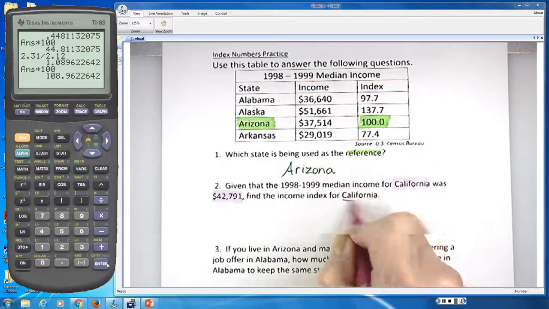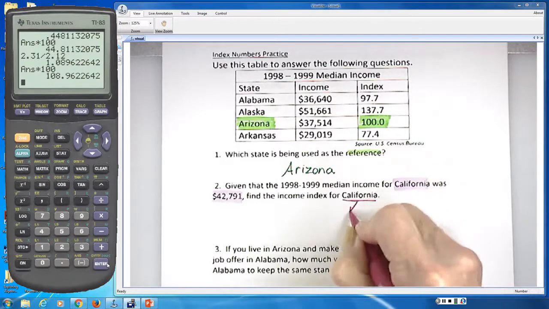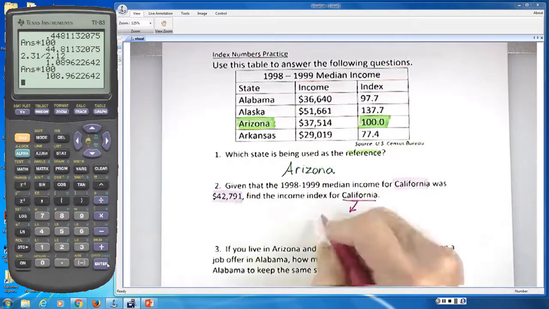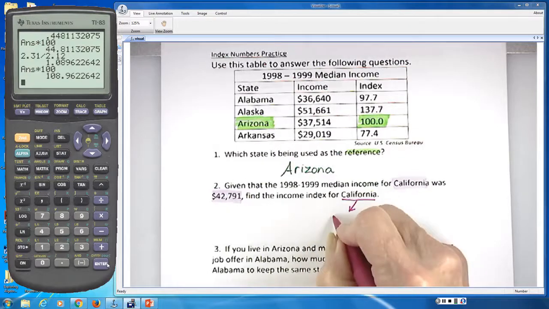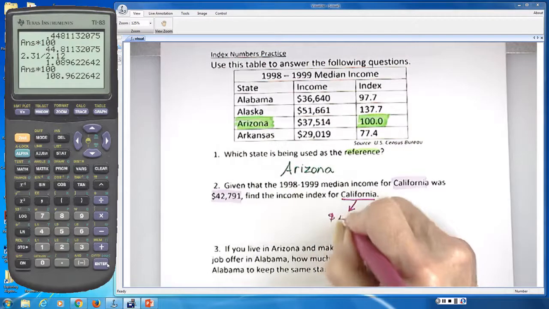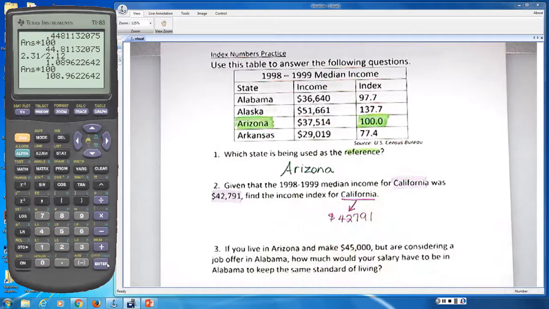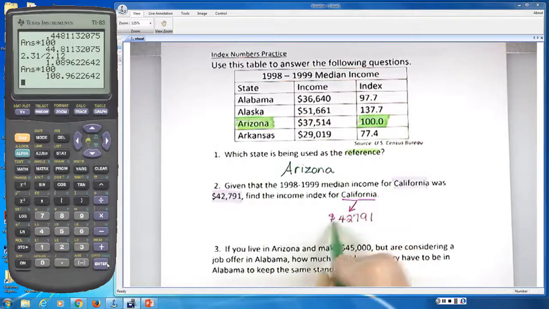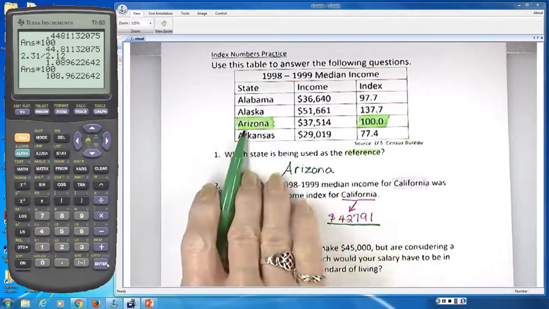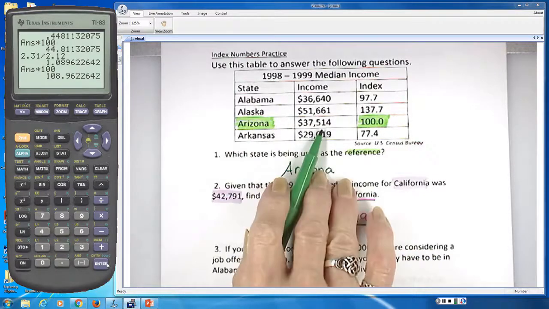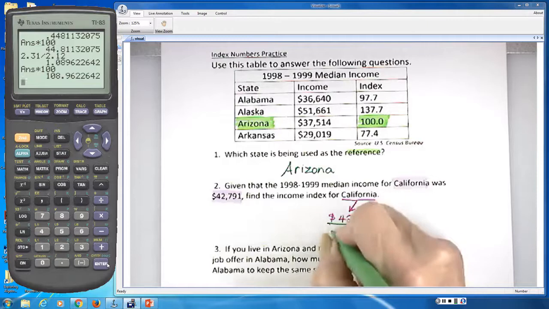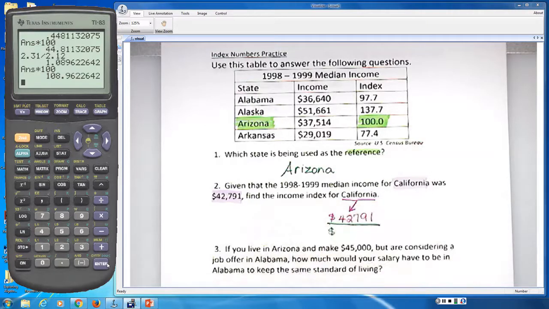Okay, for California, we use their money amount, which is $42,791. And then we divide by the index value for the reference, their money amount, to get the index for California.